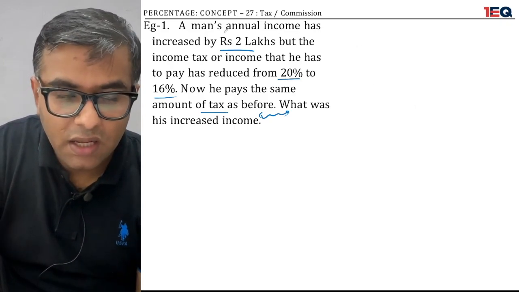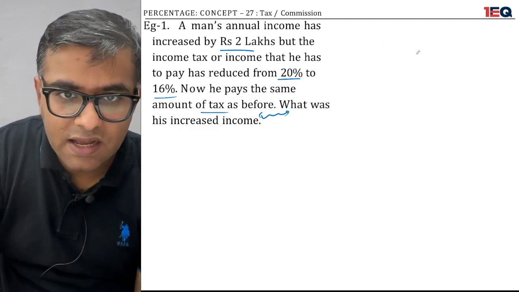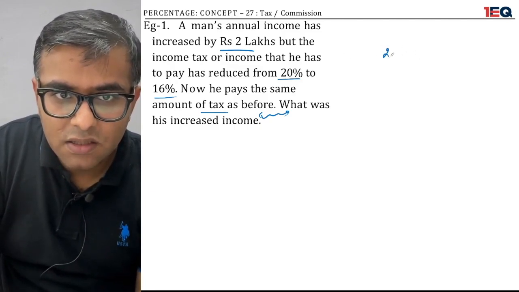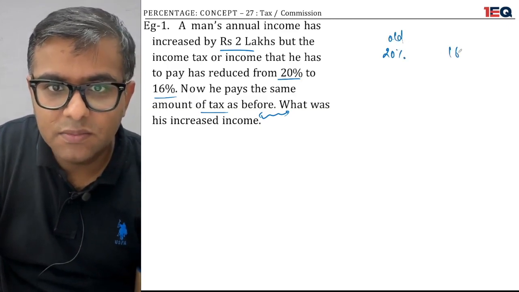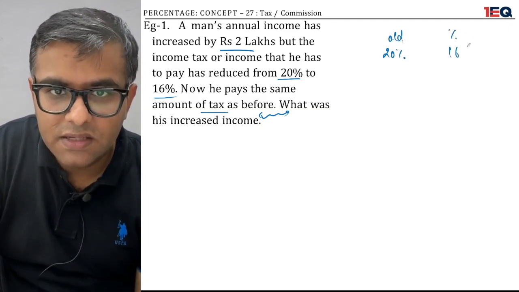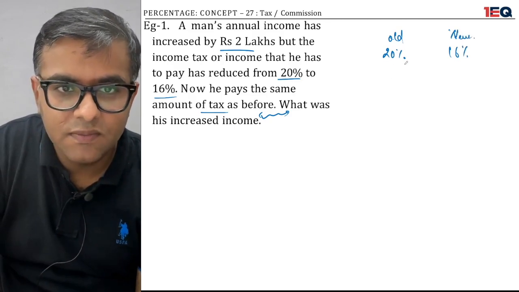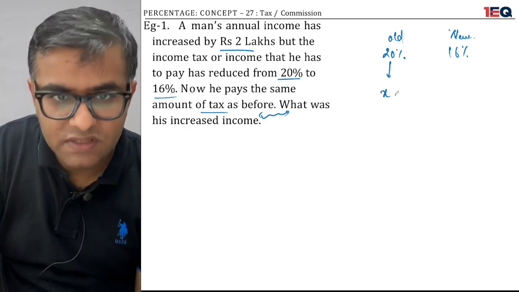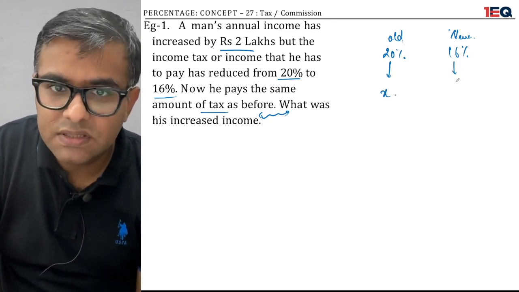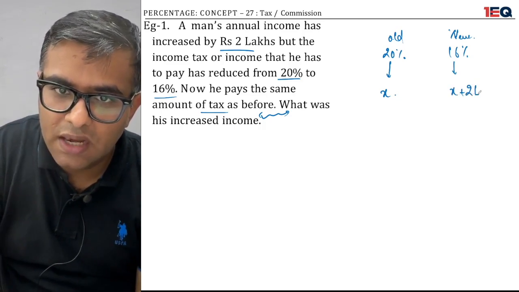The man's income has increased by 2 lakhs, and he has to pay some income tax. 20% is the old income tax, and 16% is the new income tax. 20% was applied to the old income, which is X, and 16% is applied to the income that is X plus 2 lakhs.